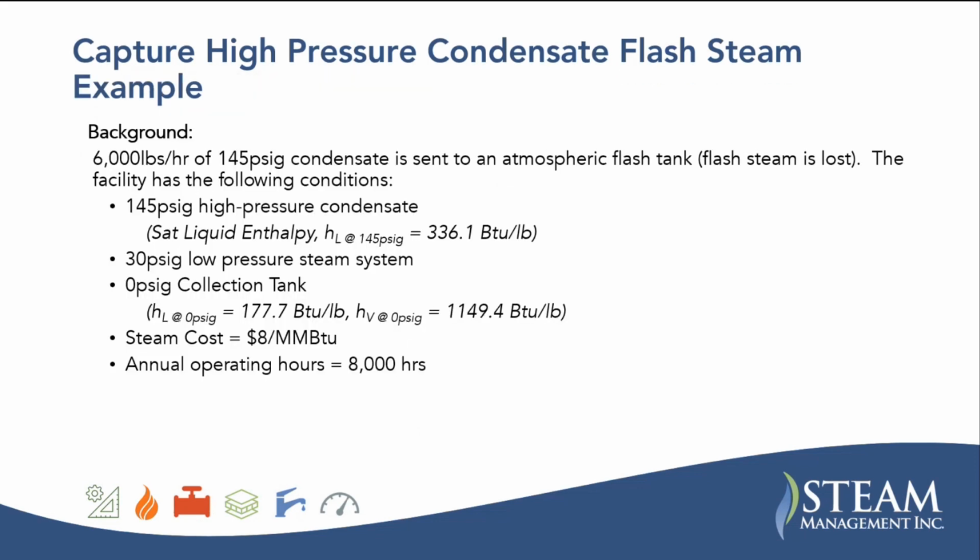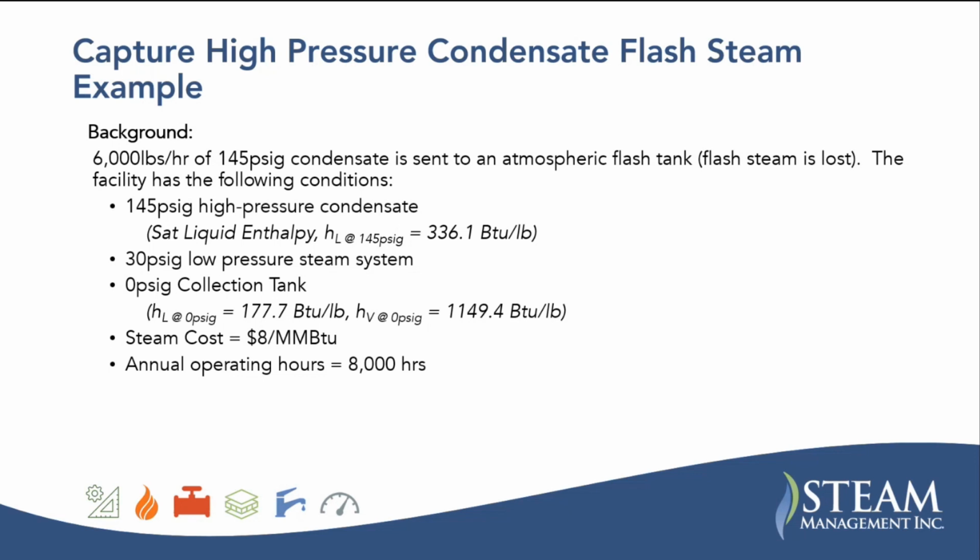So here's an example. We have 6,000 pounds per hour of 145 pound condensate, which is sent to an atmospheric flash tank. So the flash steam is lost, and then the condensate continues back to the boiler. The 145 pound condensate has a liquid enthalpy of 336 BTUs per pound.